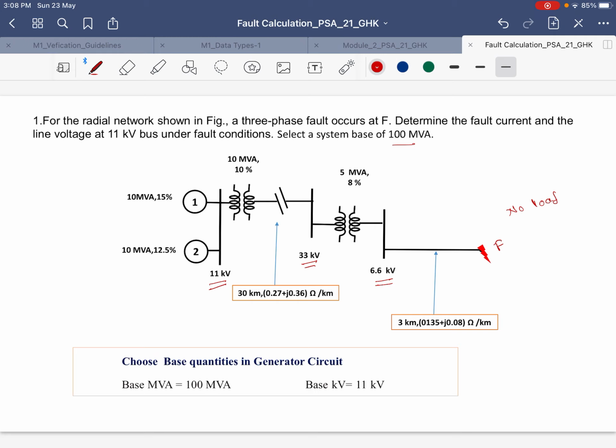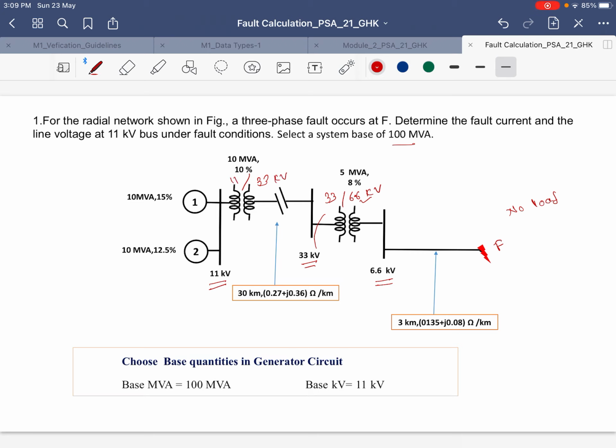Therefore, accordingly, the voltage of this particular transformer is 33 kV on this side, and here it is 6.6 kilovolts. Similarly, for this transformer, this side is 33 kV, and the side connected to the 11 kV bus is 11 kV.